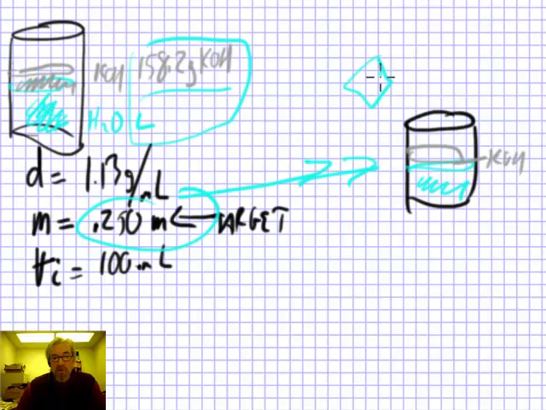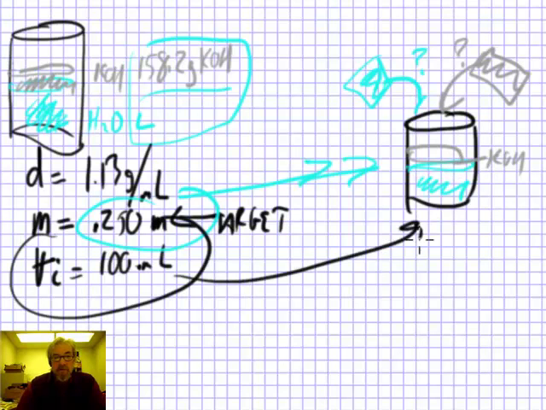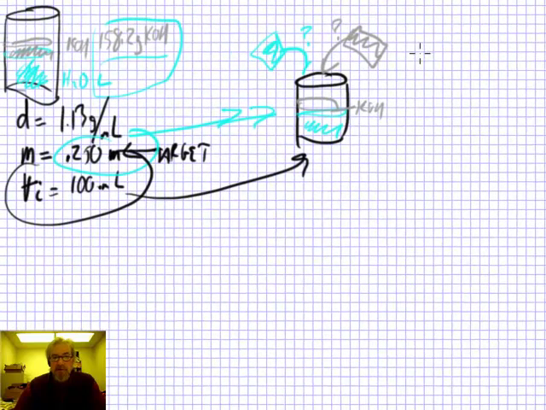Will she need to add a bunch more water, or will she have to add some more KOH? And if so, how much? But we know what she's starting with is 100 milliliters. Well, I think that the first thing we should do is probably figure out what is the current molality of this solution, because if we can figure that out, then we should be able to determine at least if she has to dilute it or make it more concentrated. So let's figure that out first.